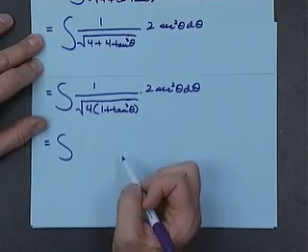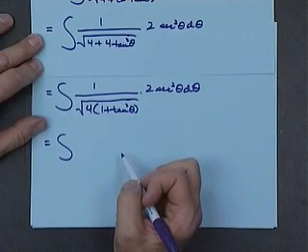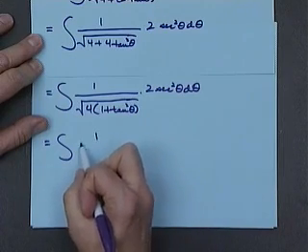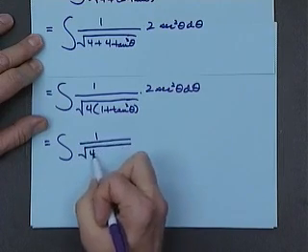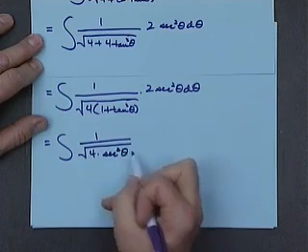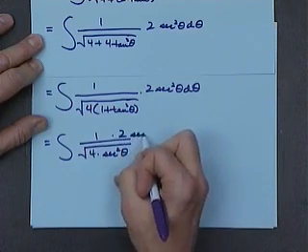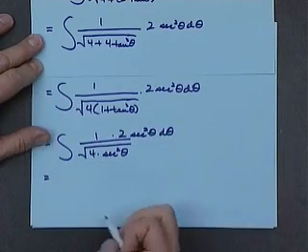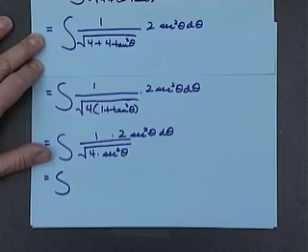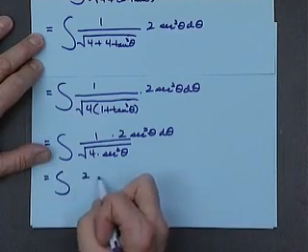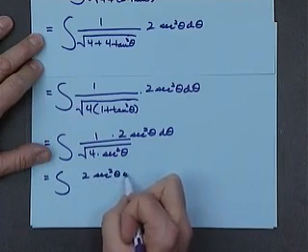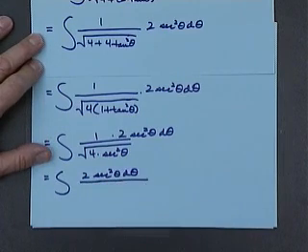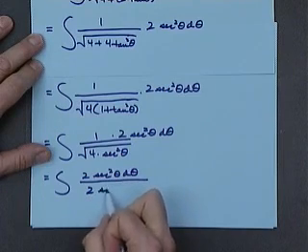And 1 plus tangent squared is secant squared, right? Yes. All right, let's go ahead and take the square root. Should be a perfect square in the denominator. 2 secant theta.